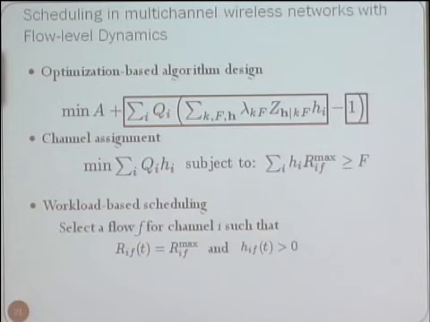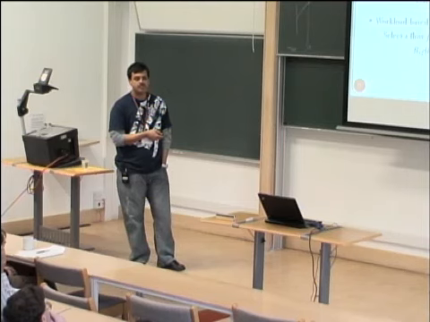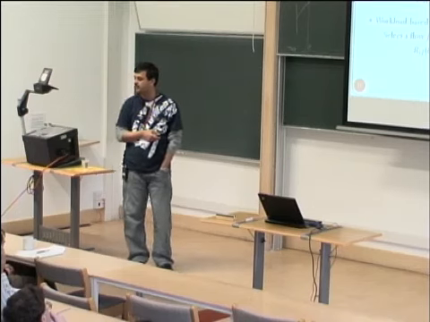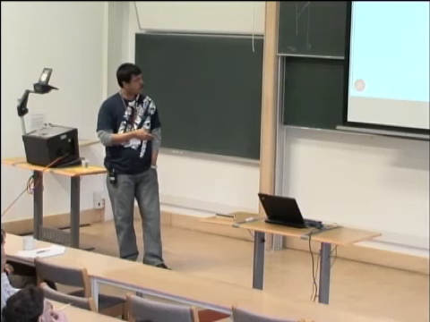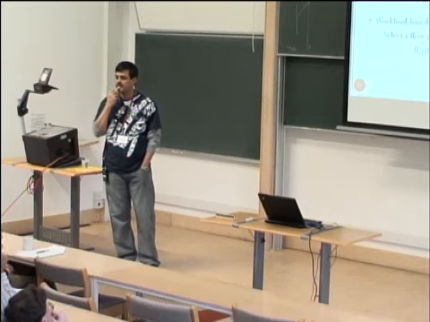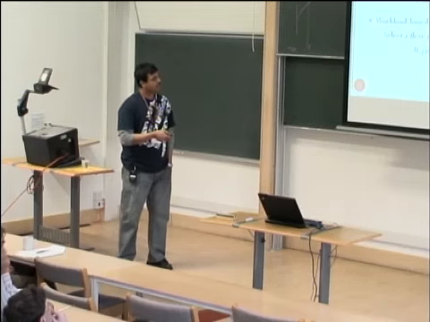And when a new user arrives, you look at this workload and you minimize this quantity subject to the fact that the allocated number of time slots on all the channels is larger than or equal to the file size of that flow. Okay? So is this algorithm clear?